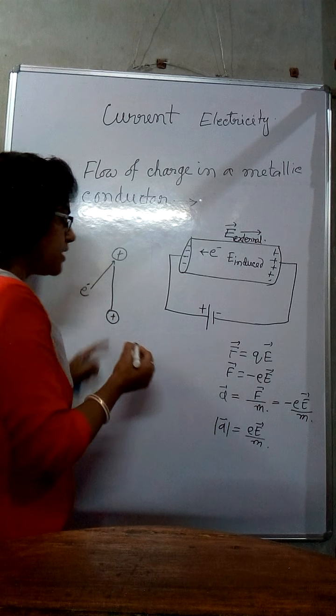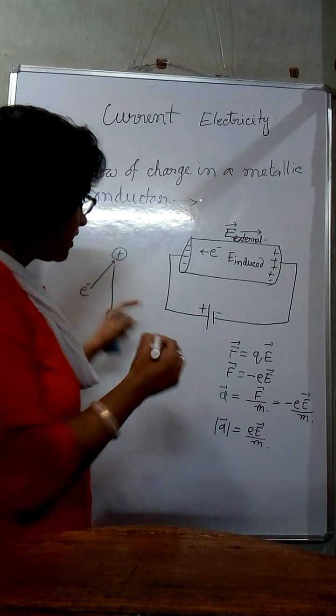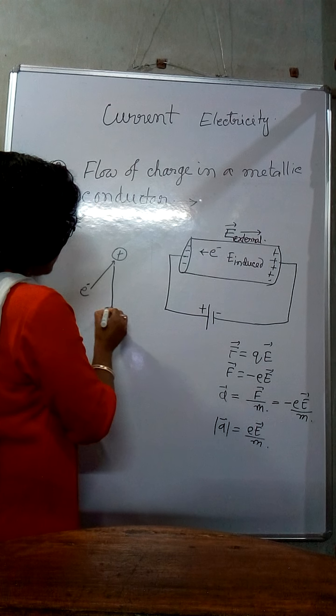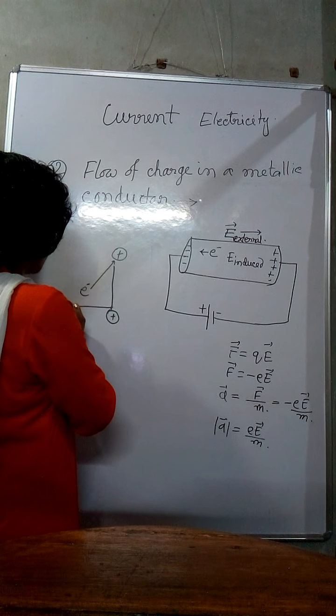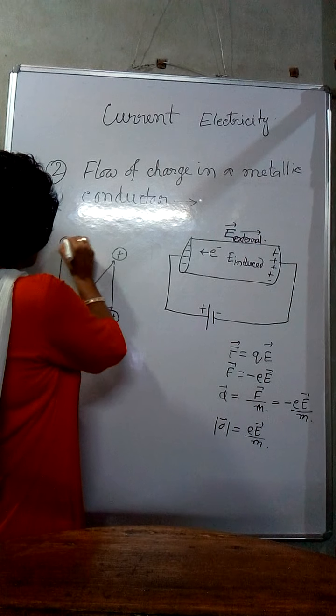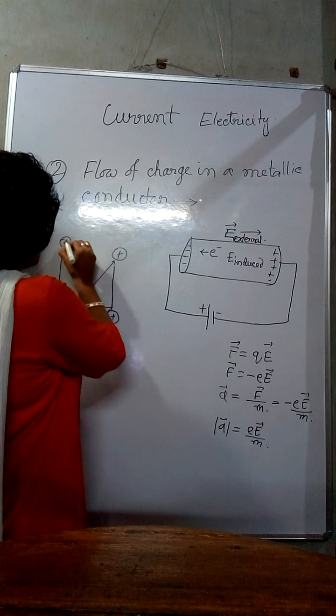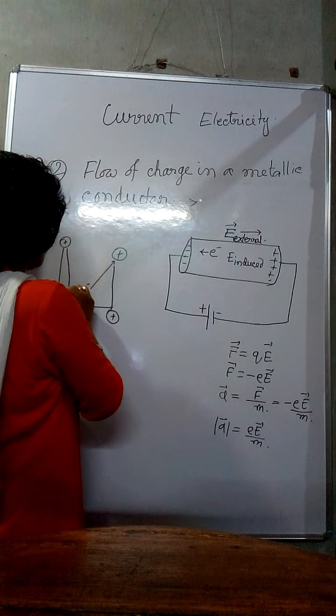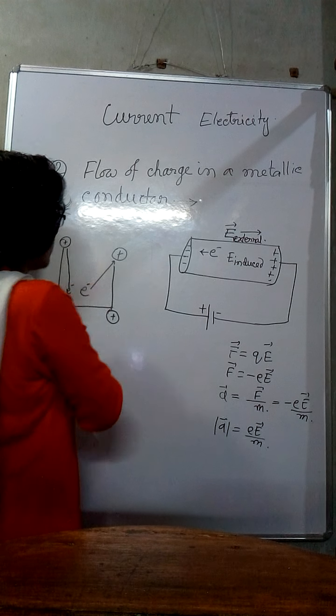Again there will be positive ions, it will be attracted, and again from there it will go, suppose, to that point. Again it goes in that direction, that random motion continues, and suppose ultimately the electron has come here.